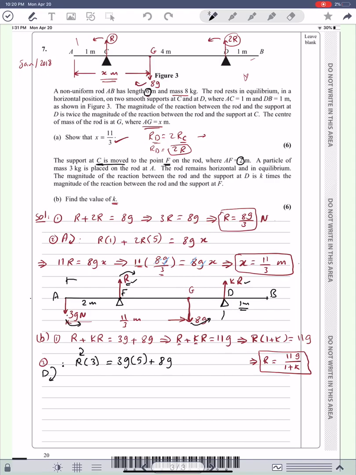From here to here is 5 meters, yes? 5 meters. So the distance here is 5 minus 11/3, which is 15 minus 11, 4/3.